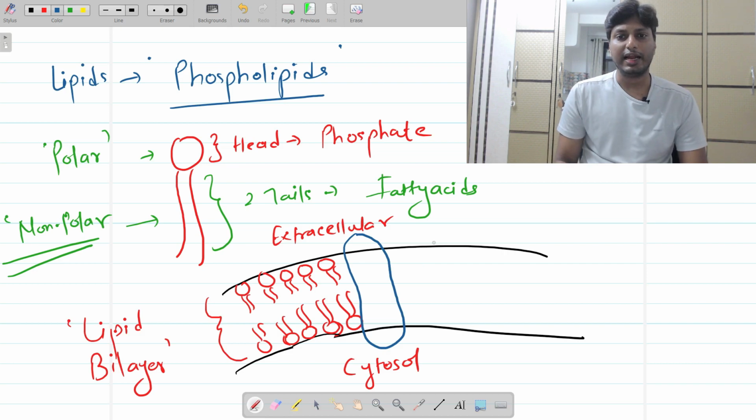Some of the proteins are present throughout the membrane. These proteins which are present throughout the membrane are called internal or integral proteins.